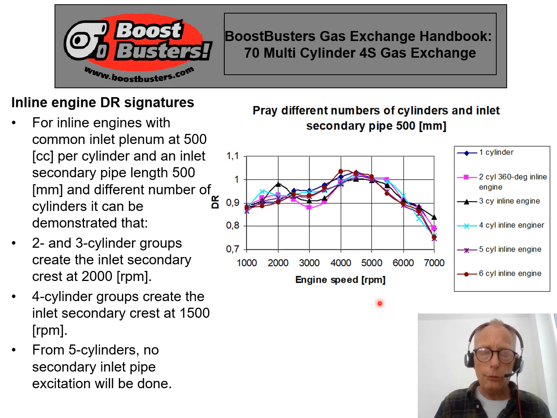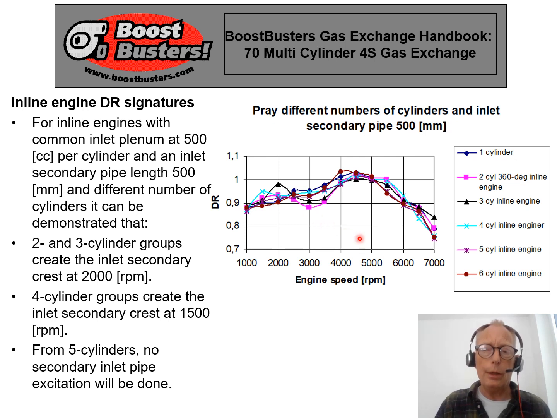And they create a certain signature. Typically, a 2- or 3-cylinder engine will have some resonance from the secondary pipe happening somewhere around 2000 RPM at a secondary pipe length of about 500 millimeters.